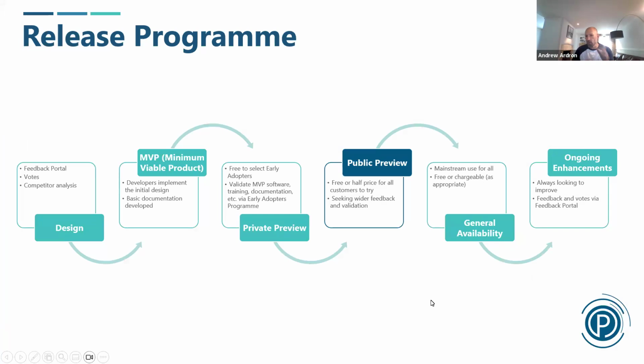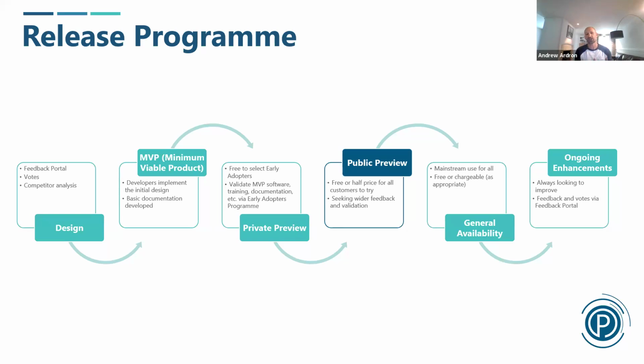So before we get into what it is, I just thought I'd better answer that question about what a public preview is. We've really got into a flow with new features and a structure for rolling them out in the best way we possibly can, and most of this is based on best practice within the industry.